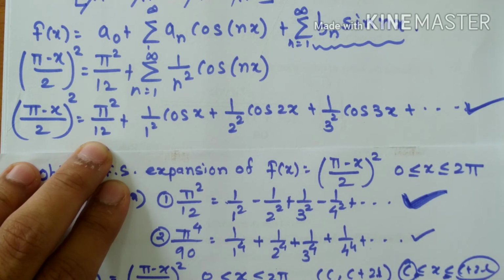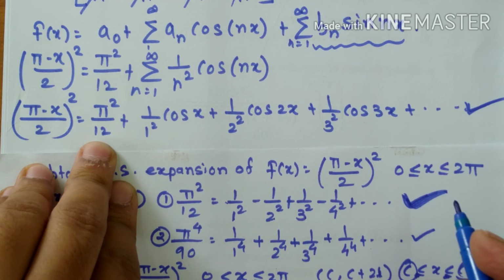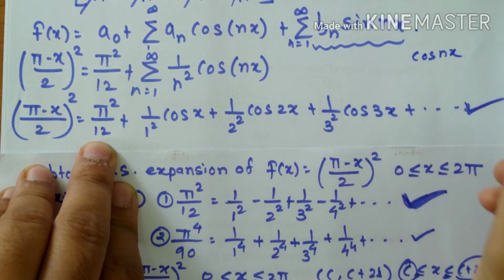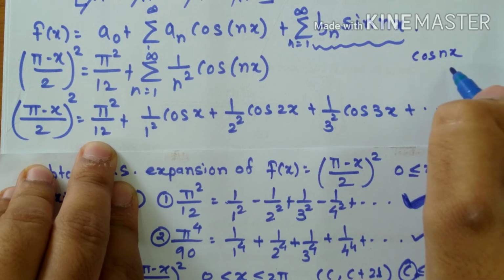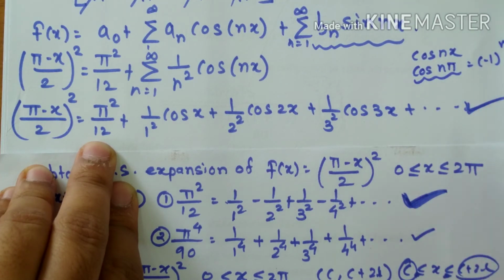How to manage? Alternate plus minus. When this is possible, alternate plus minus. See, our term is cos nx. If I replace x by pi, we have cos n pi. The value of cos n pi is minus 1 raised to n. So when n is 1, there is a minus 1.